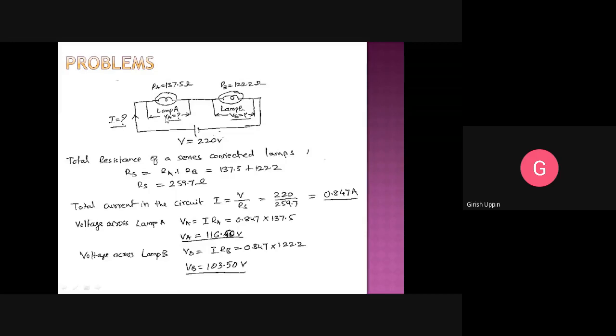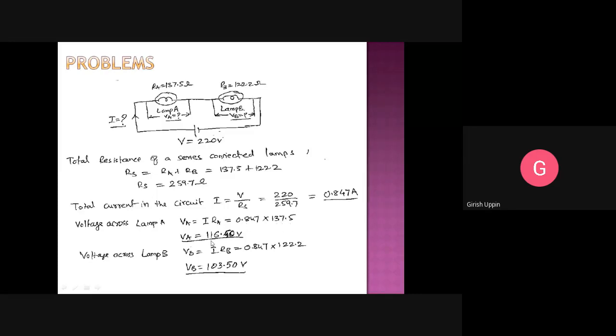Now, from Ohm's law, we know V is equal to I into R. So I into RA is the voltage across lamp A, and the same current I into RB is the voltage across lamp B. Therefore, voltage across lamp A, VA, is equal to I into RA, that is 0.847 into 137.5.